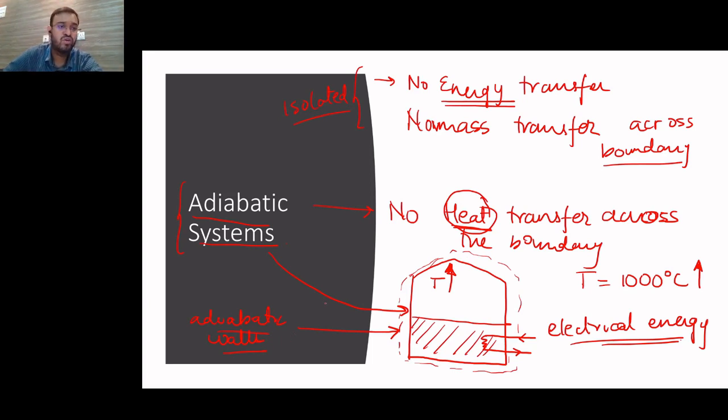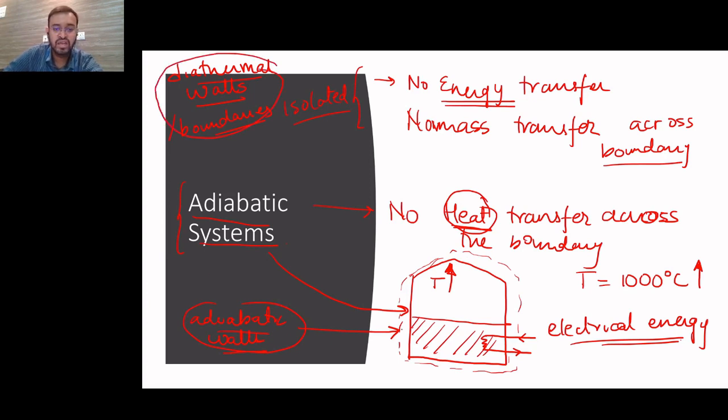The opposite of adiabatic walls are known as diathermal walls or boundaries. These allow energy or heat transfer across them.